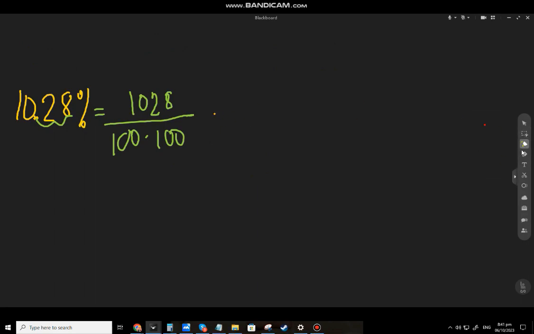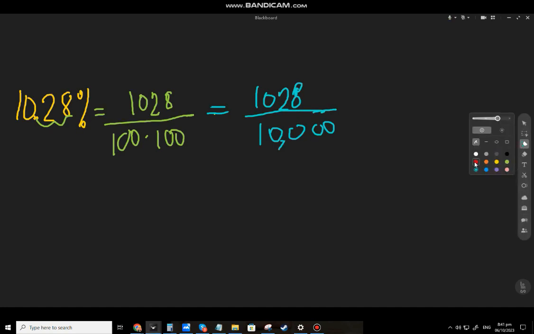That will be 1,028 divided by 100 times 100, which is 10k. 1, 2, yes, 10k. Okay, let's simplify it by reducing it to the lowest term. Divided by 2, 514.